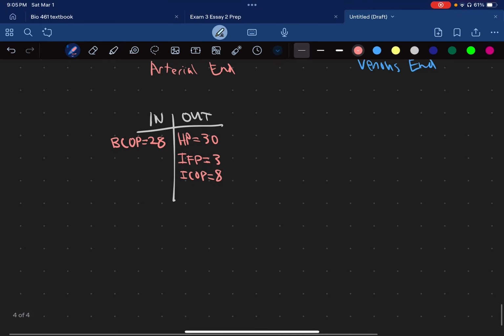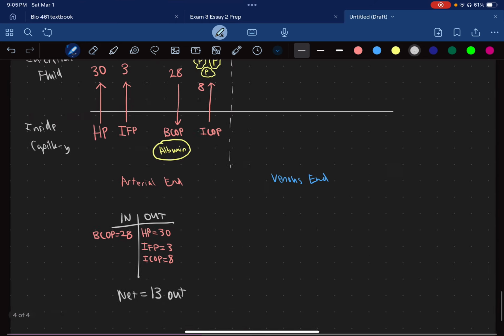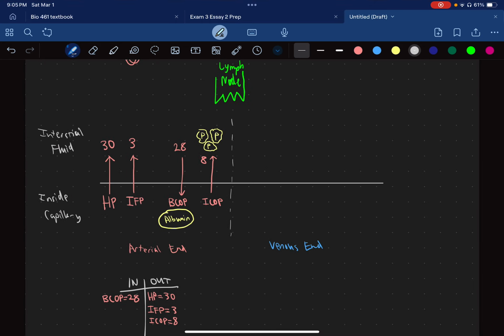Yeah, 8. So when we add all of these up, there's a net driving force of 13 out of the cell. So right when the blood first comes in here, fluid is going to be pushed out of the capillaries.